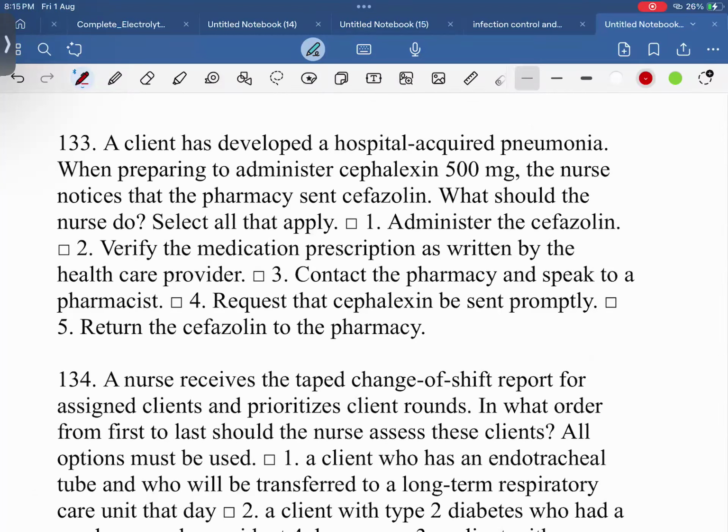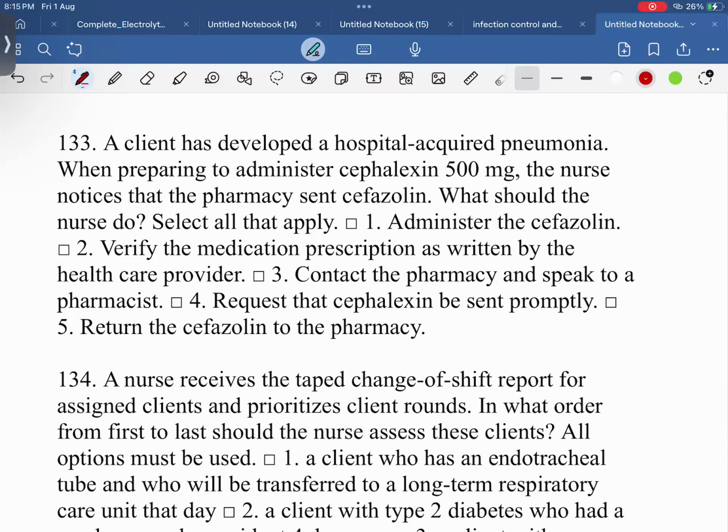A client has developed a hospital-acquired pneumonia. Shashikala, what is hospital-acquired pneumonia? Hospital-acquired pneumonia means after admission, within 72 hours, the pneumonia will occur. Yes, very good. Read it.